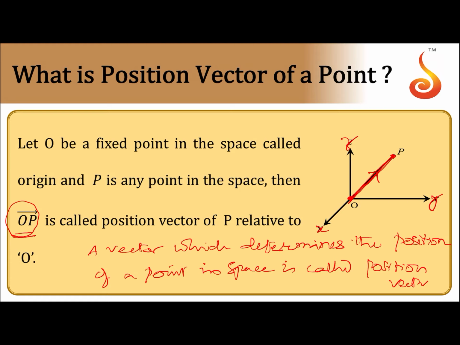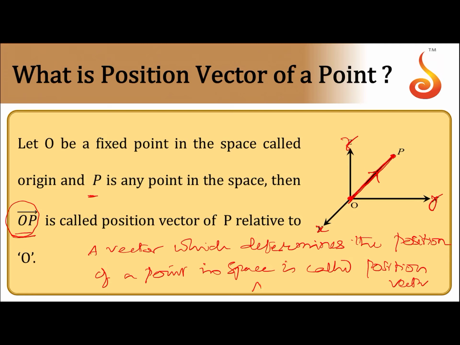So sometimes in vector algebra we just take a vector of a point P. Vector of the point P means the position vector of the point P with reference to the origin. Generally we take up the fixed point, and the initial point in this case is supposed to be the fixed point.